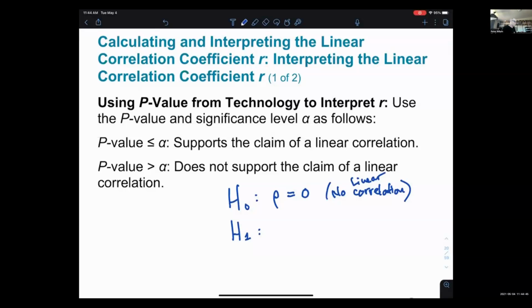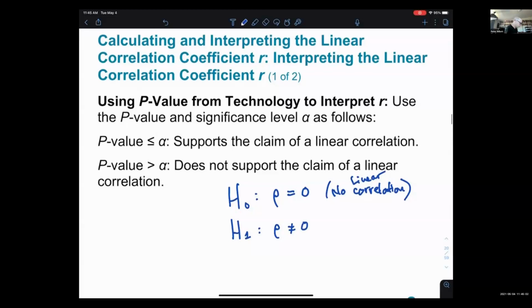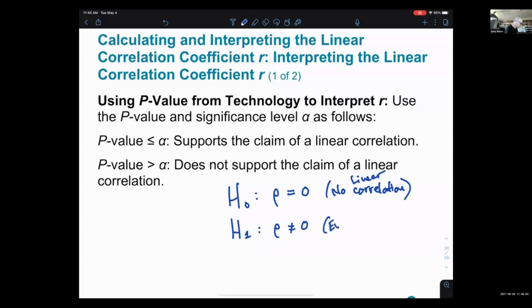And so the alternative hypothesis of just there being a linear correlation can be summed by saying that rho is not equal to 0. And the farther it's not equal to 0, meaning the higher the significance level you have to be away from 0, the stronger the linear correlation. So I'm going to put exists linear correlation.